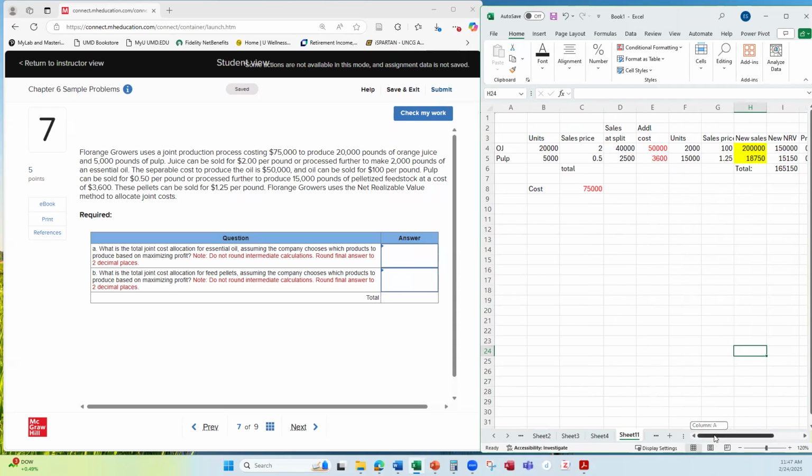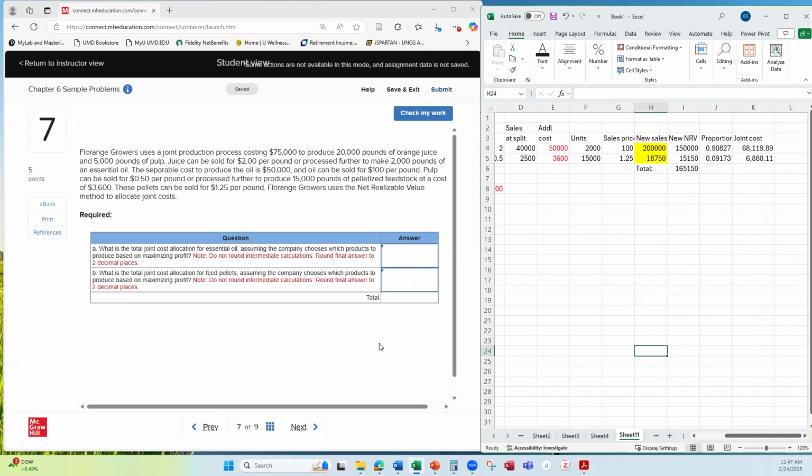So the joint costs then for the essential oil would be $68,119.89, and then for the pelletized feedstock would be $6,880.11.